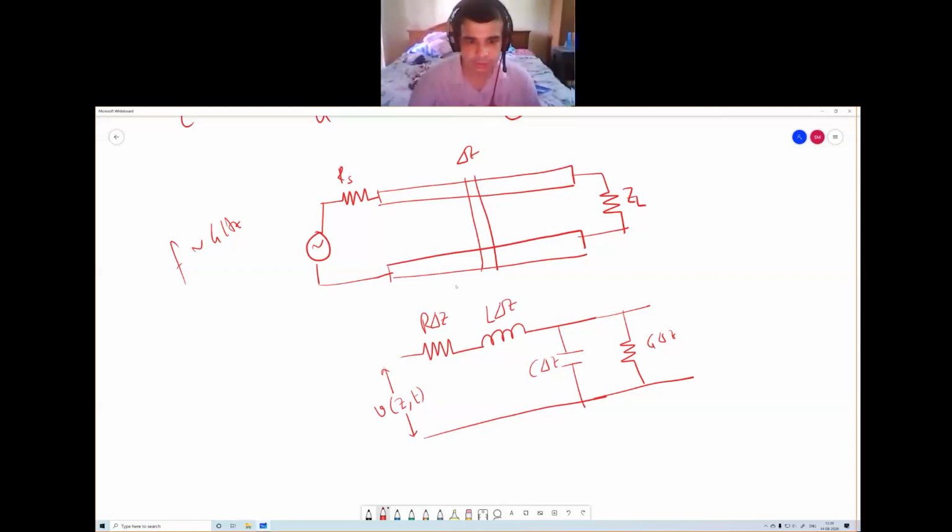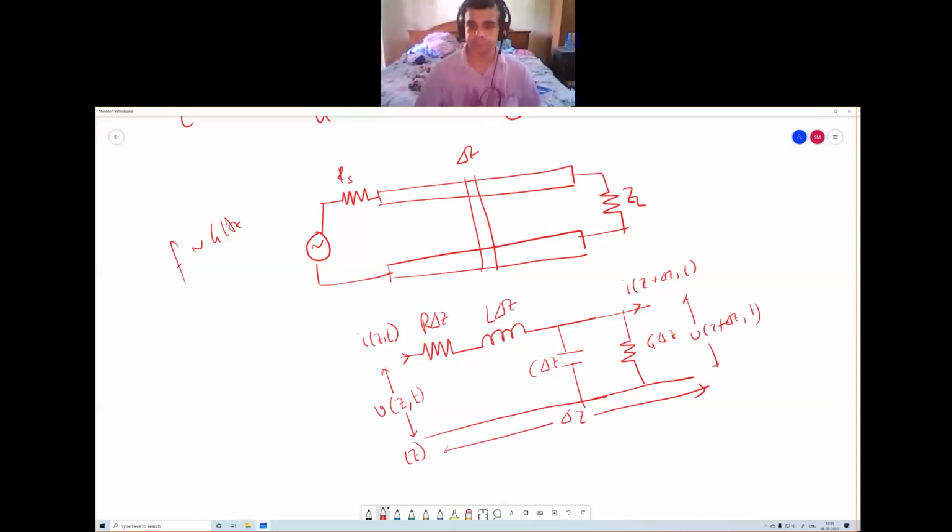The current here is i(z,t). The current here is i(z+delta z,t), and the voltage here is v(z+delta z,t). The coordinate of this point is z, and this length is delta z. Can we write this?